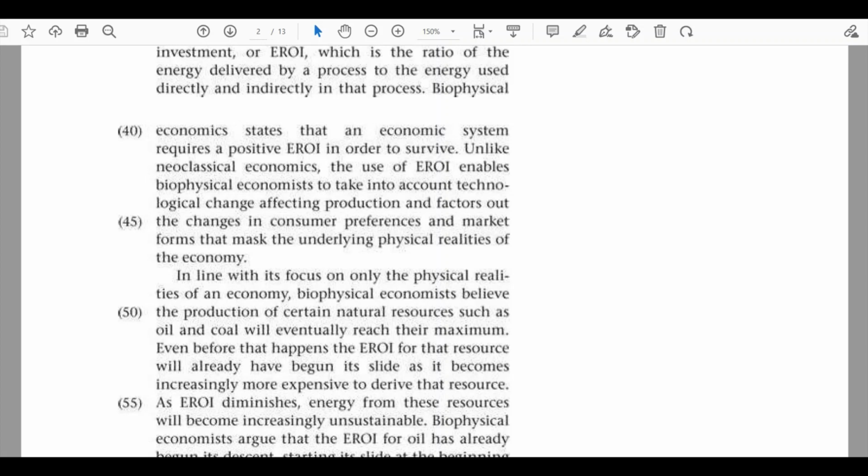Actually, here, the last sentence states that biophysical economists believe the EROI for oil has already begun its descent, which means that the cost of producing oil is becoming increasingly expensive while supplies have not risen equally.